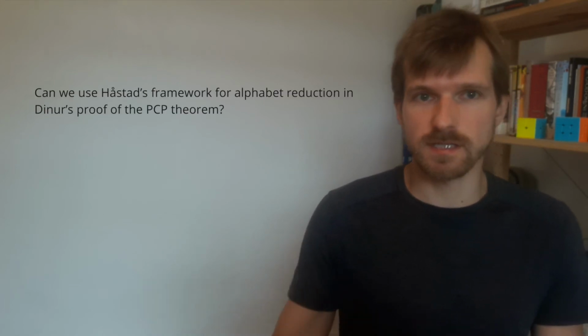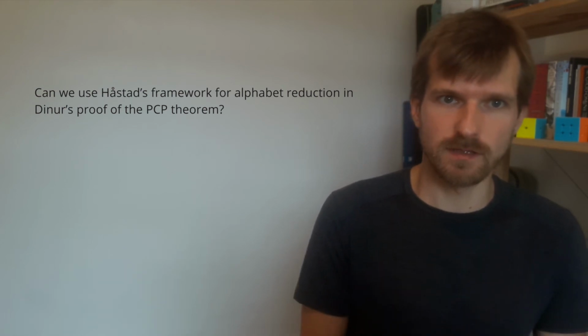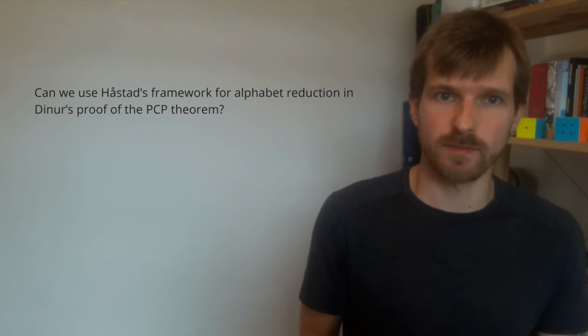The idea here is, as you might have already thought from the way I'm presenting this, that what Hastad does in his proofs is essentially an alphabet reduction. So the question is, can we use the same reduction in the proof of the PCP theorem for alphabet reduction?